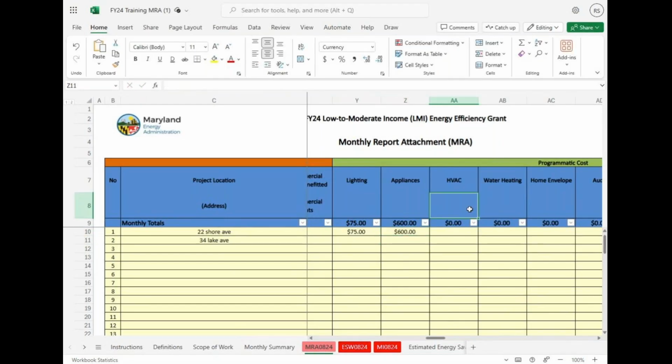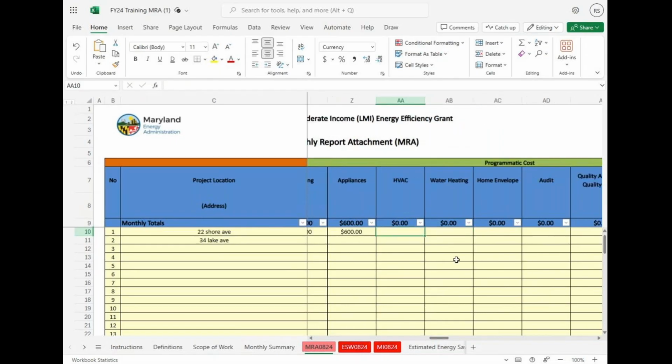So whatever your receipts from the work that was completed in the home, these numbers need to match those receipts, because you also will be sending over supporting documentation that needs to line up exactly with these numbers you've given us, excuse me.